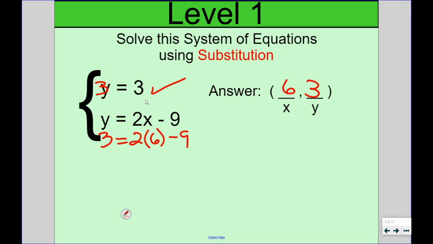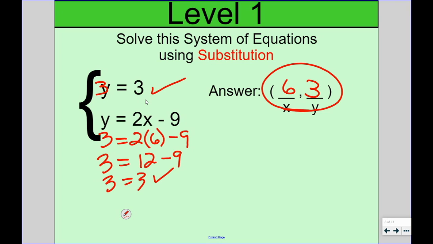And we'll see if this stays balanced. So 3 equals 2 times 6, which is 12. 12 minus 9, does 3 equal 3? Yes, this checks. So this set of numbers works and is true for both of these equations.